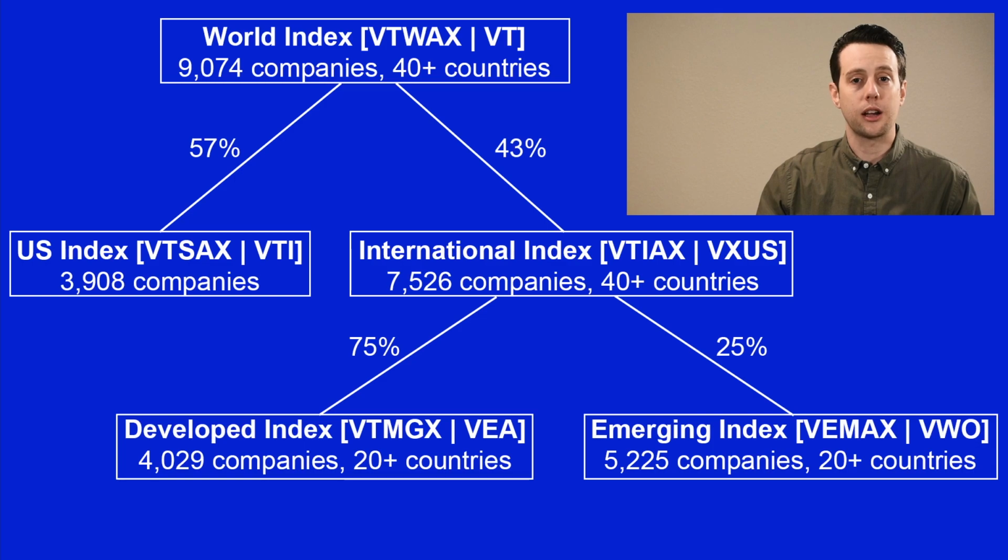The Emerging Markets Index is ticker VEMAX for the fund and VWO for the ETF. This fund tracks the FTSE Emerging Markets All Cap China A Inclusion Index. It allocates your investment across 5,225 companies in over 20 countries.